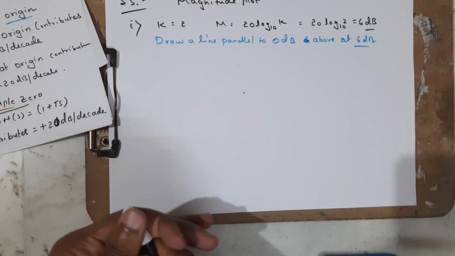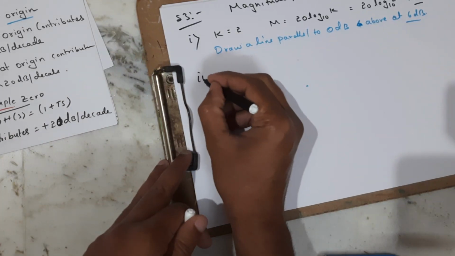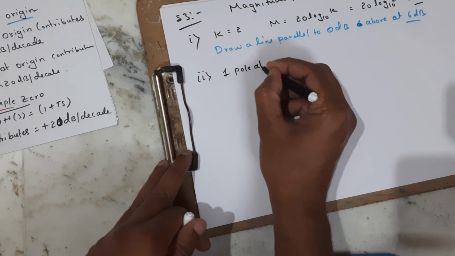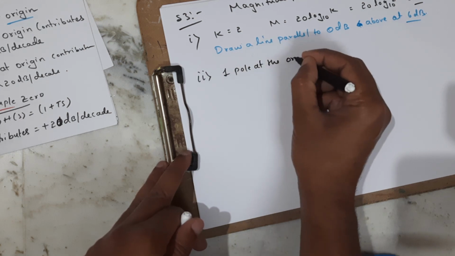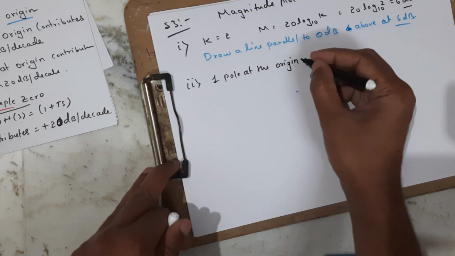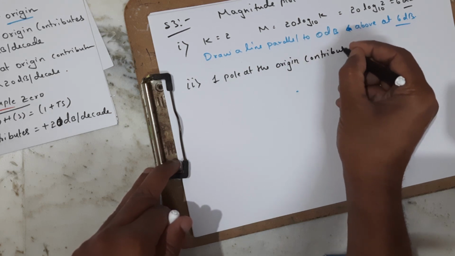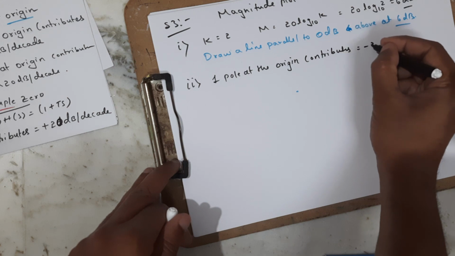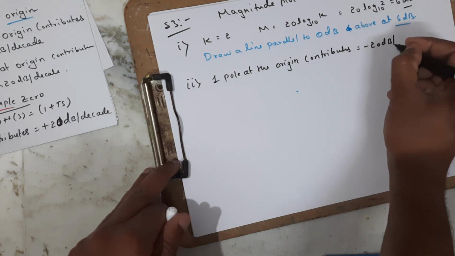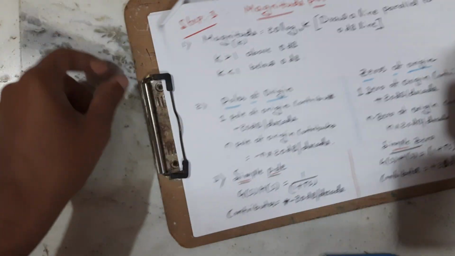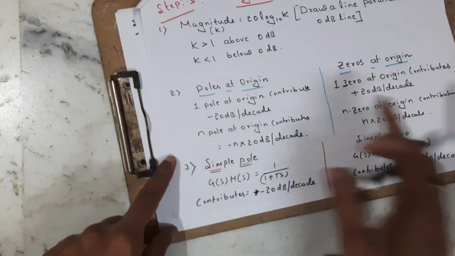Therefore, step number 2: one pole at the origin contributes how much? Minus 20 dB per decade.